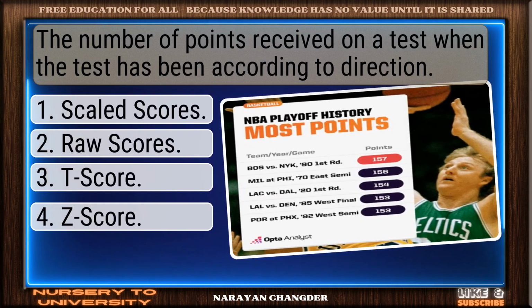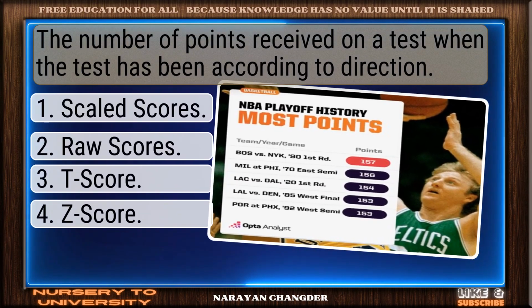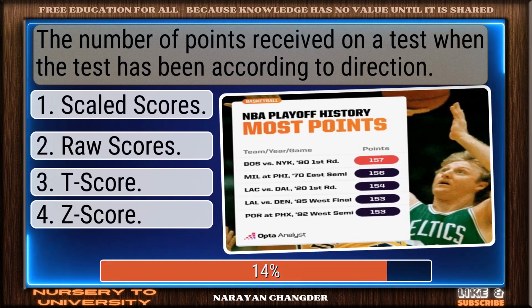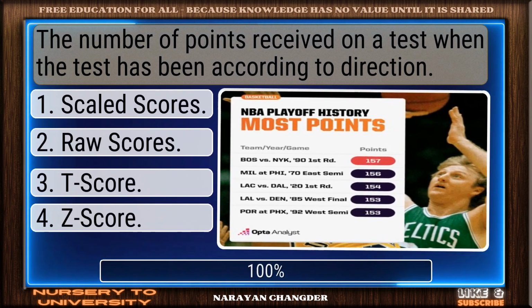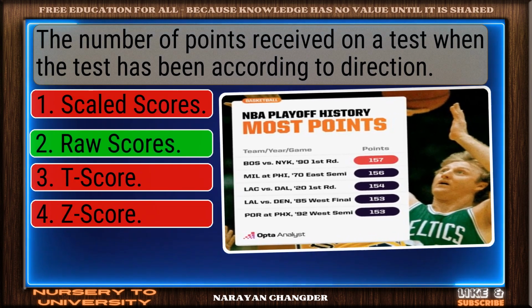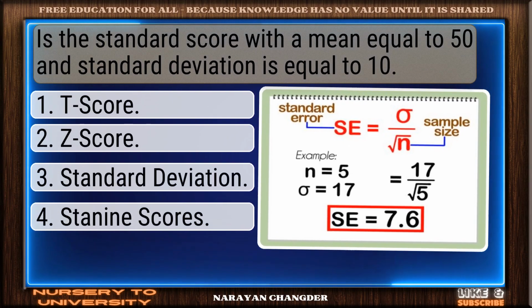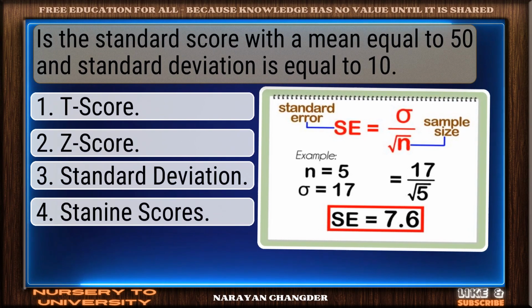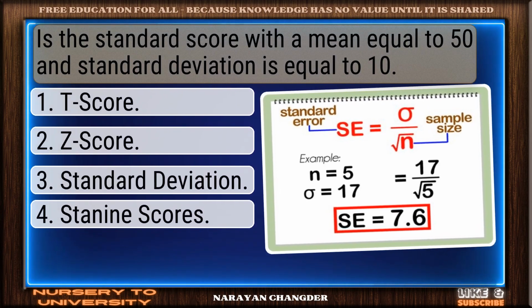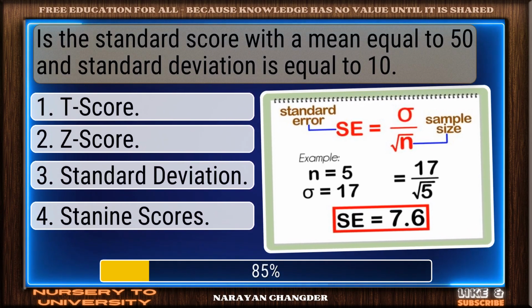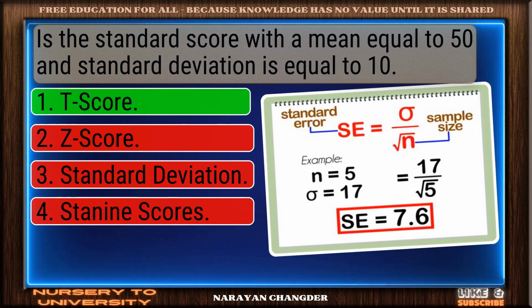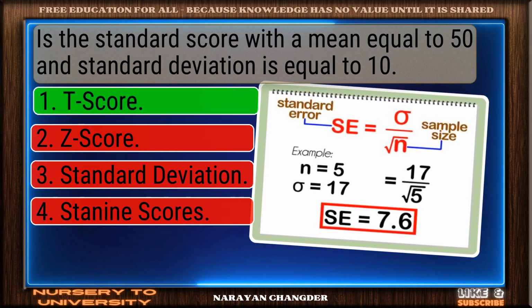The number of points received on a test when the test has been scored according to direction. Perfect. Raw scores is the correct choice. Is the standard score with a mean equal to 50 and standard deviation equal to 10? Good thinking. T-score is the right answer.